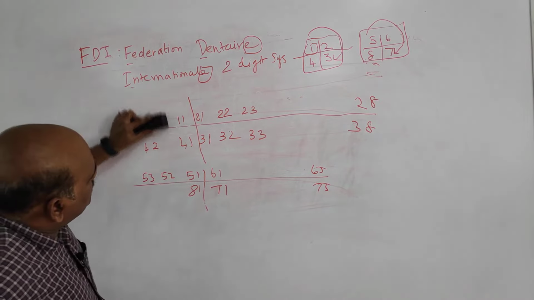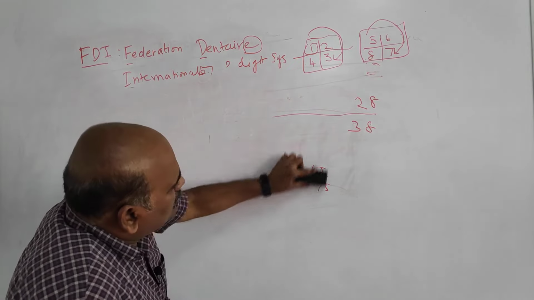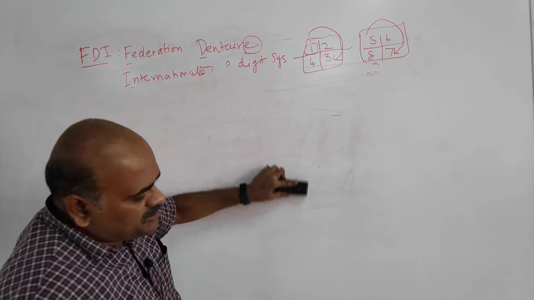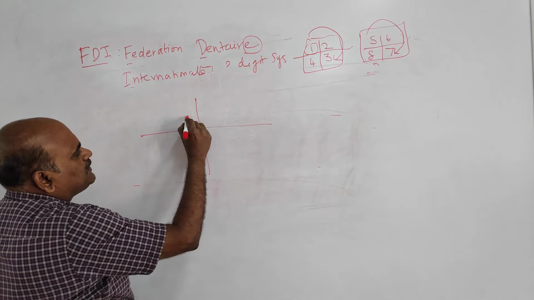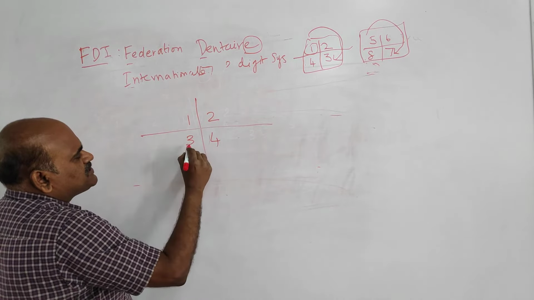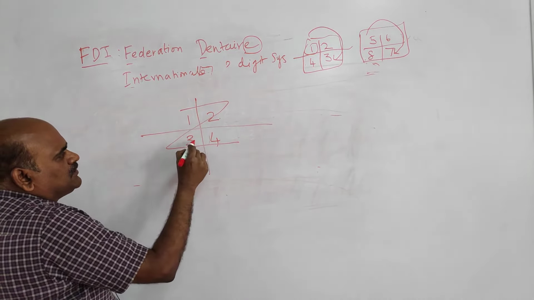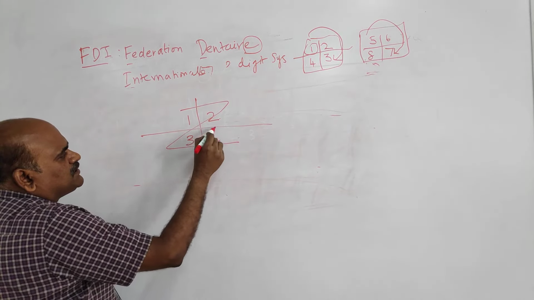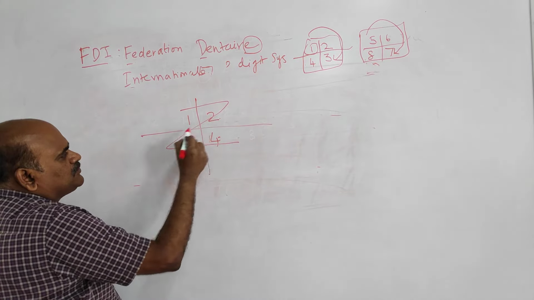While talking about this FDI system, there is another system given in some of the books, that is called modified FDI. This is also the same as FDI, but here for permanent teeth, 1, 2, 3, 4, instead of clockwise fashion, it is given in zigzag fashion. 1, 2, whereas for the lower jaw, not 3, 4 like this, here in the zigzag fashion, 3, 4. 1, 2, 3, 4.